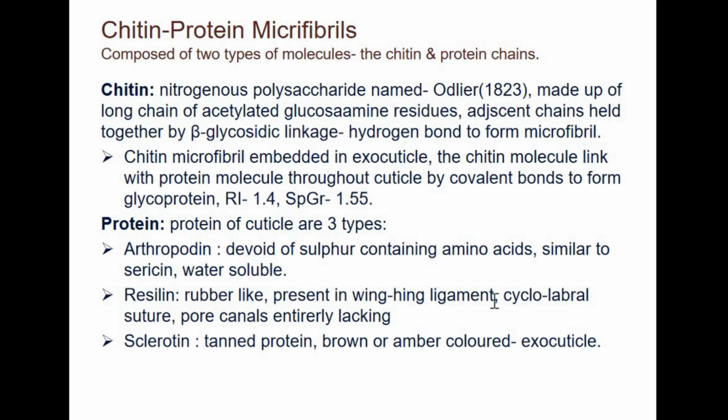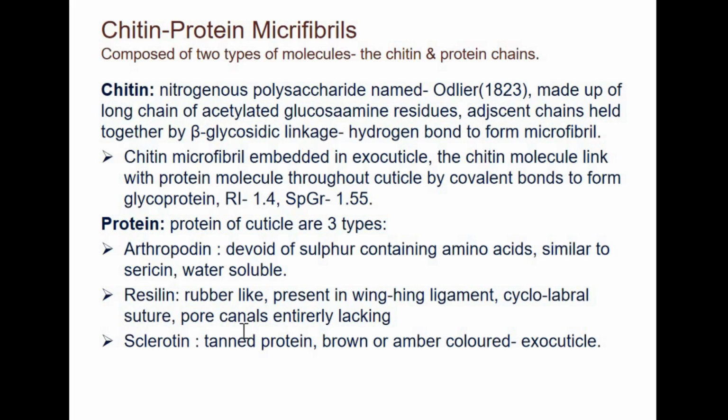Along with that, it is again present in the cyclolabral suture, where it acts as a spring. So where the movement takes place, in that region such a resilin is present.